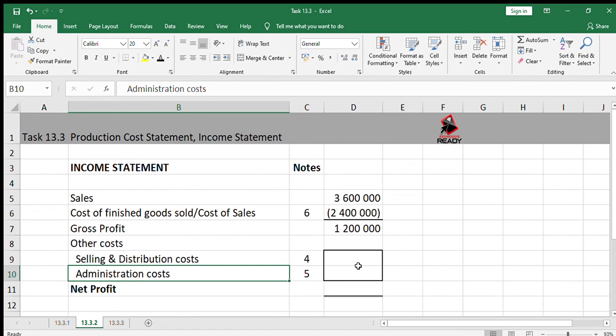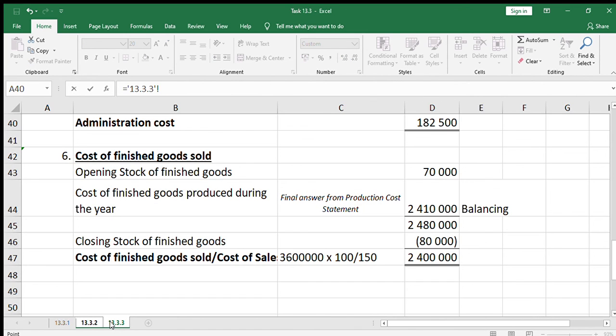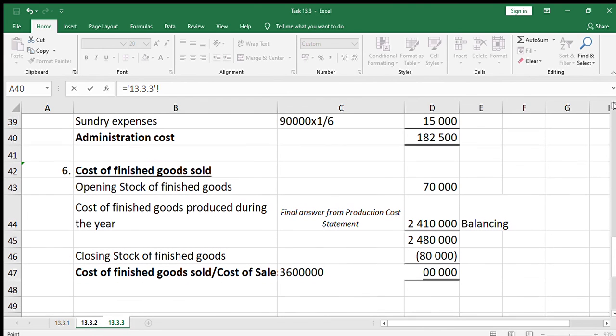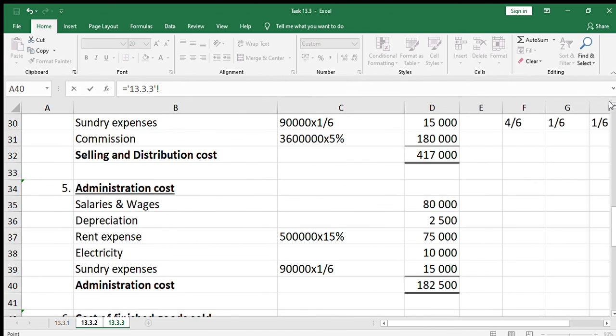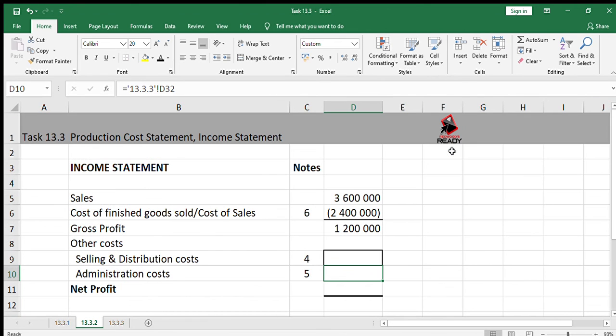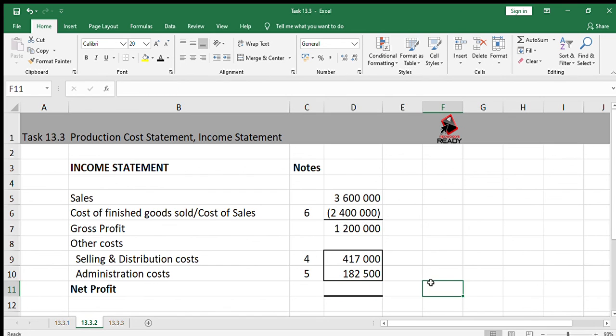Selling and distribution costs we can get from note 4, and administration costs we can get from note 5. Please go to note 5 to get the administration costs answer: 182,500.